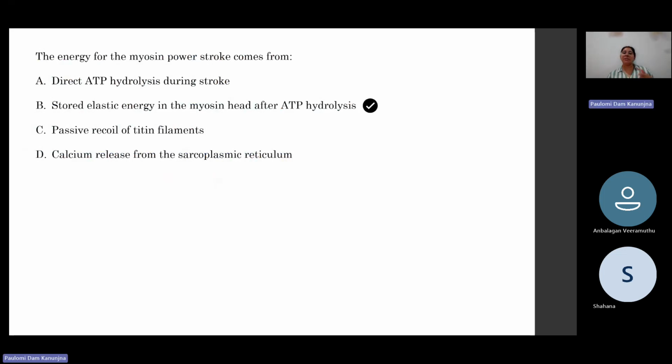So your energy is driven by hydrolysis of ATP. And where does that hydrolysis start from? It's basically the energy which is in the myosin head, right?